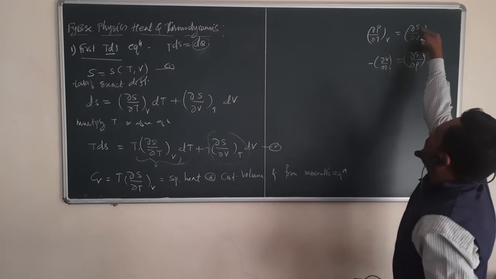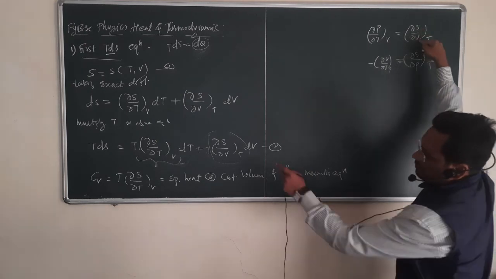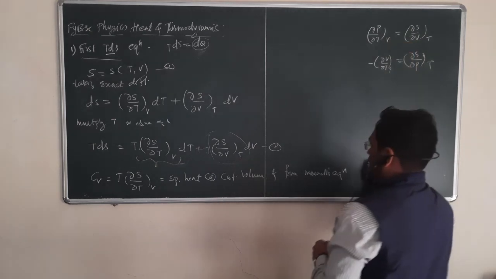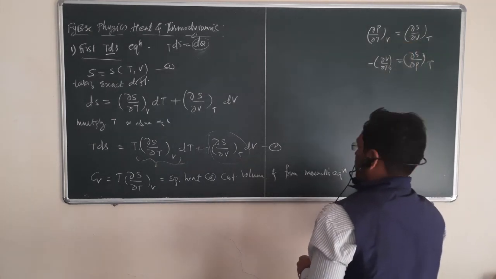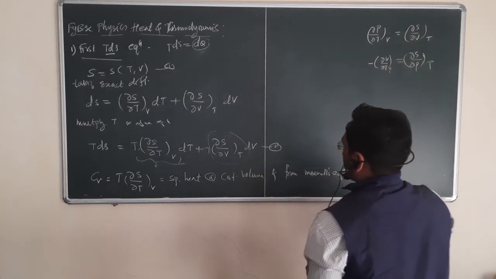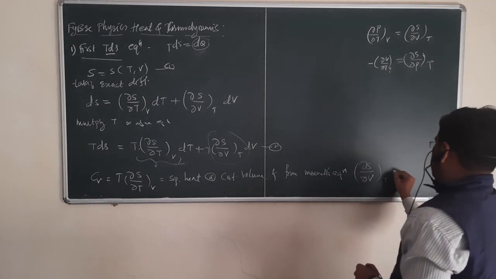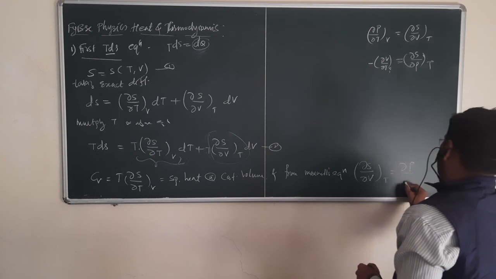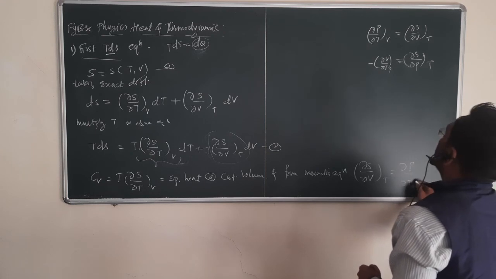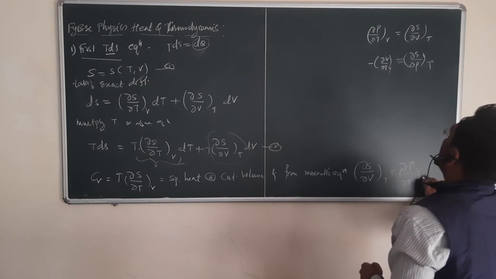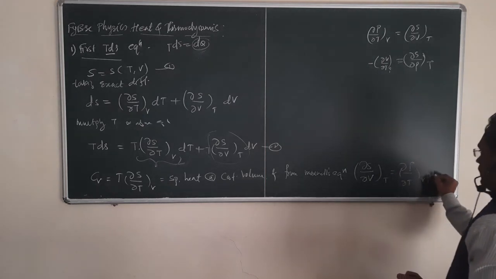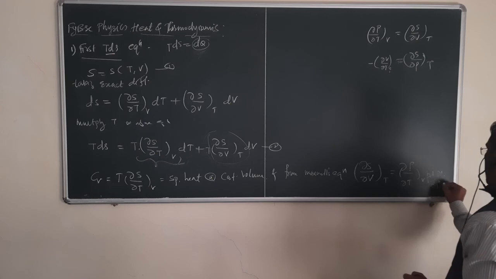The partial derivative of entropy with respect to V at constant temperature can be written as the partial derivative of P with respect to T at constant volume. So put that in equation 2.